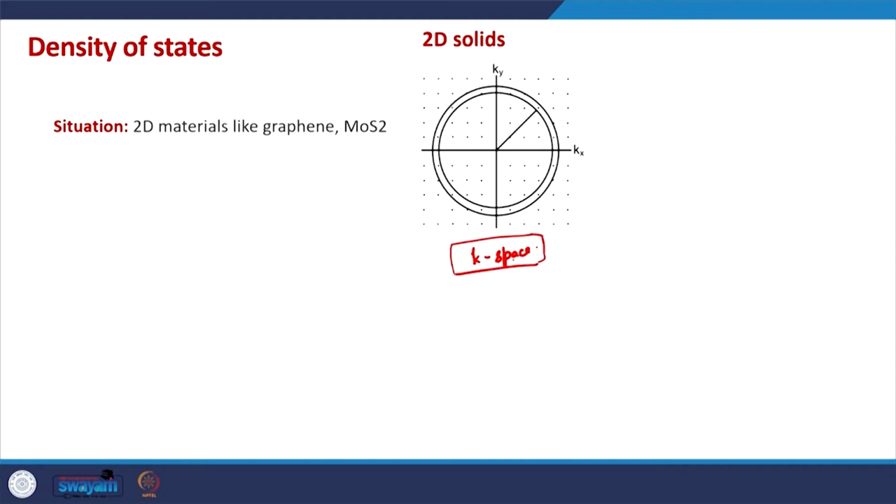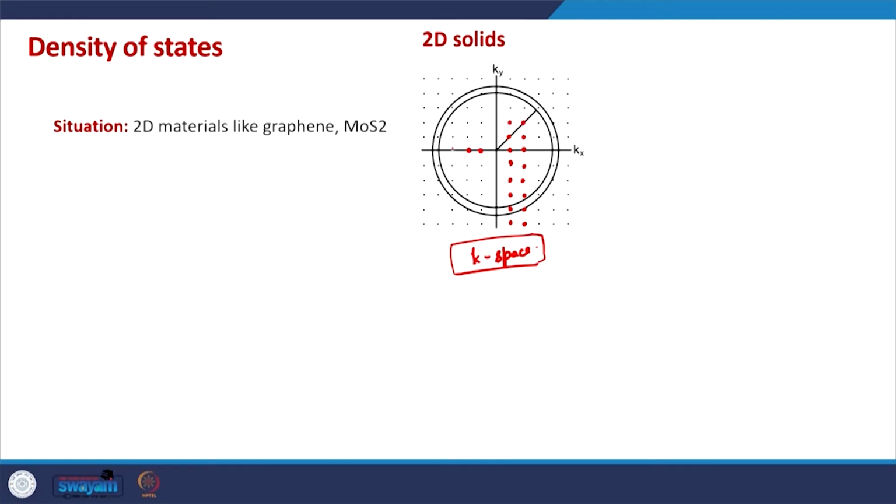So, we go to the K space, which means we plot the kx and ky axes, and we put the allowed k points in the K space, and each point now corresponds to a wave function of an electron.